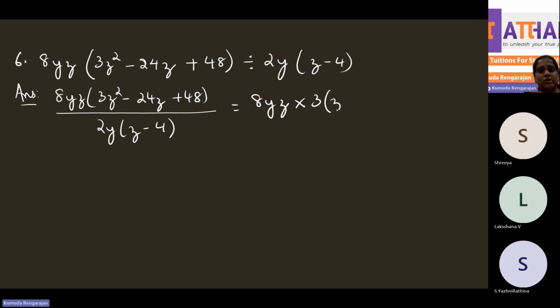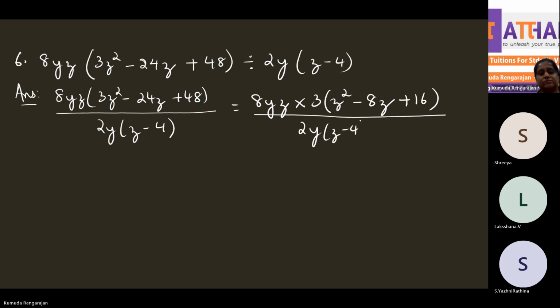So 3 into z square is 3z square, minus 3 into minus 8z is minus 24z, and 3 into 16 is 48. So plus 16, divided by 2y into z minus 4.